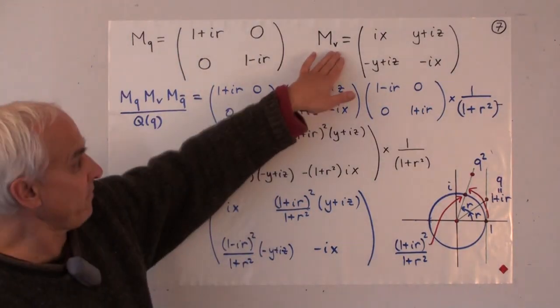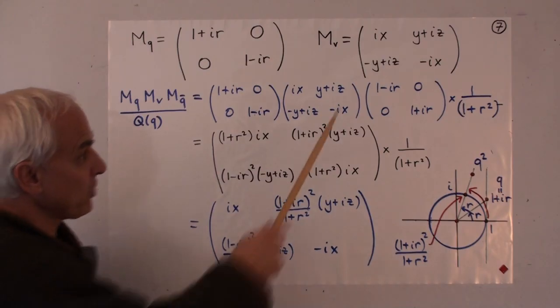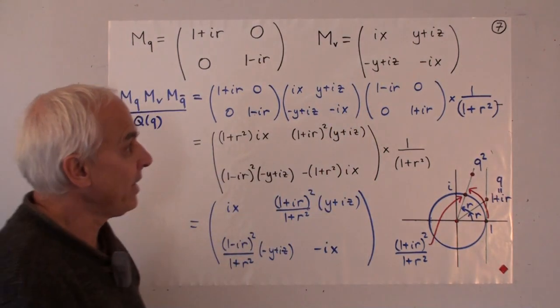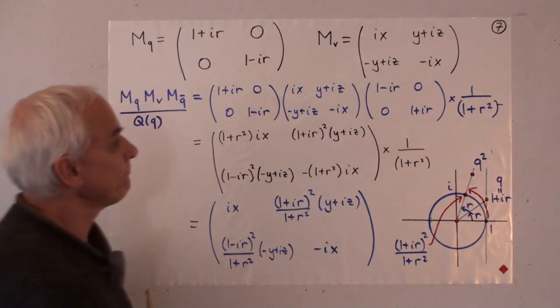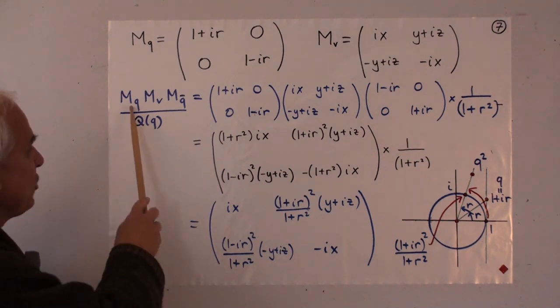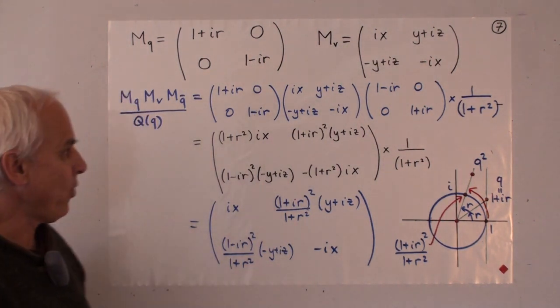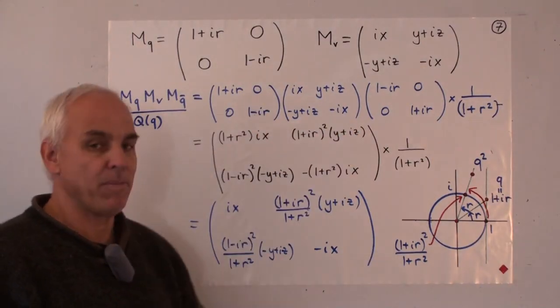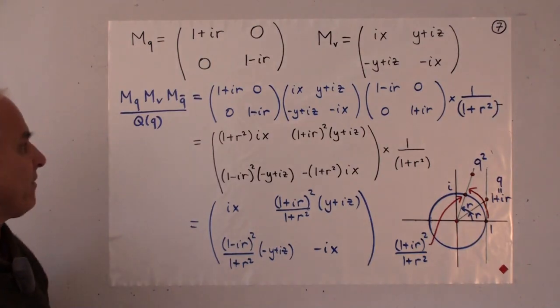If we take a typical vector V in our three-dimensional space with coordinates x, y, and z, then its associated matrix is this one here. And then we can do this quaternion multiplication with complex number matrices if we want to. We don't have to, but it's one way of doing it.